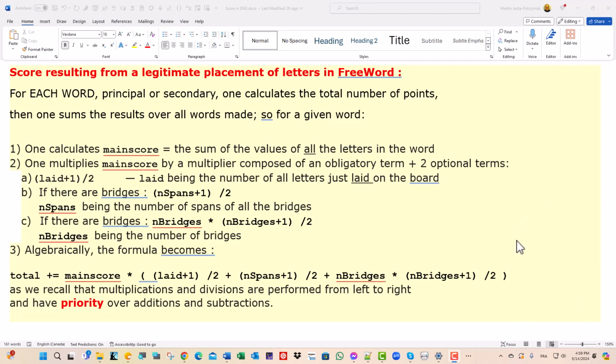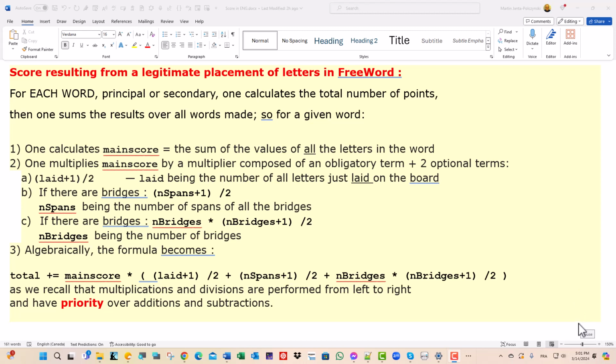You add something related to all the spans in all the bridges, and you add something related to the number of bridges. And you can see below the total formula, which is the main score multiplied by a multiplier which has 3 components, but the second and third components apply only when there are bridges.